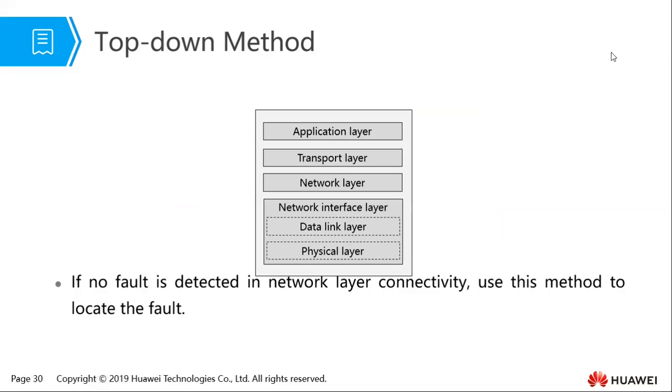So these are the two methods: top-down and bottom-up troubleshooting. Most of the time we do top-down if no fault is detected at network layer connectivity. That means, for example, we are able to ping the destination, but we still have other problems. So we need to perform top-down and check problems from the application layer.